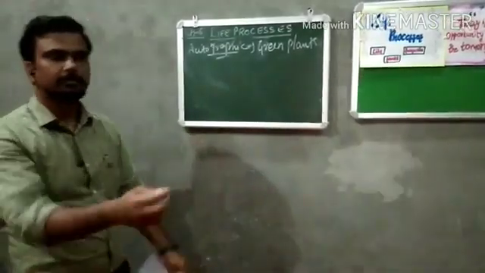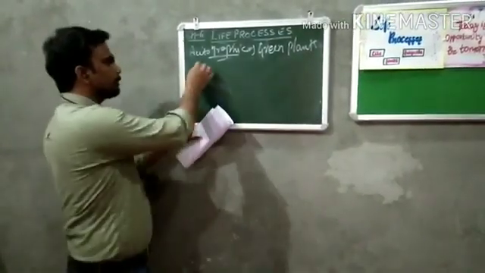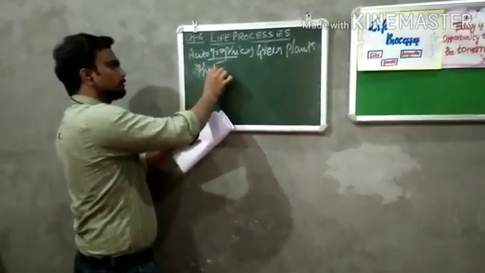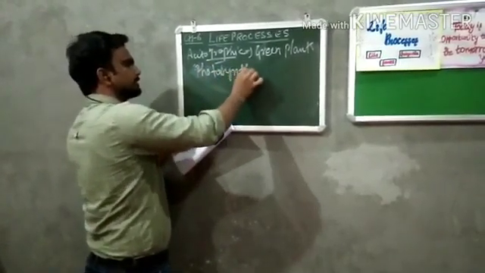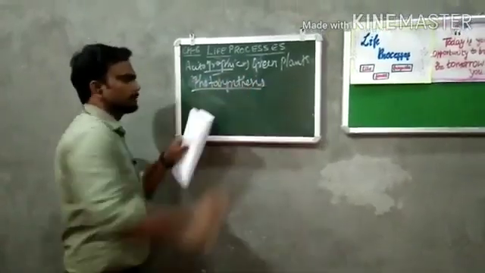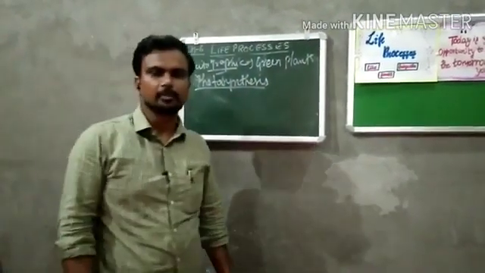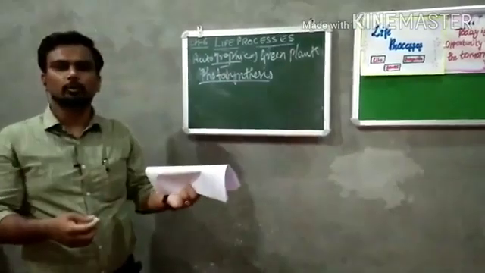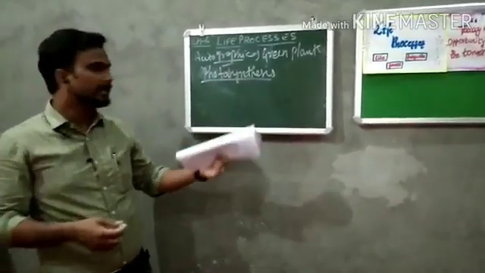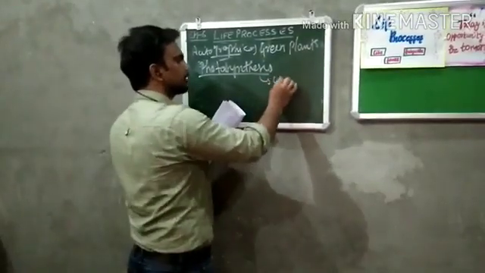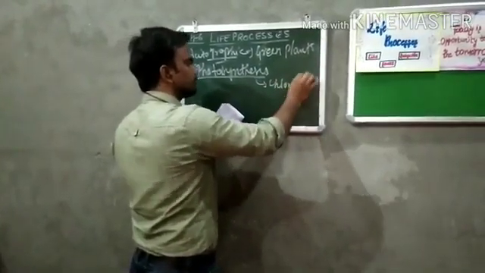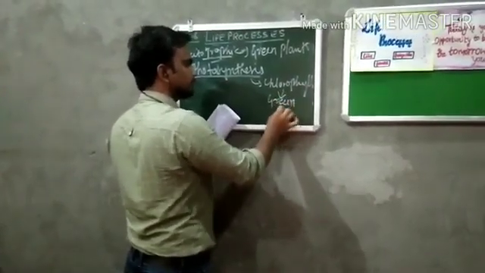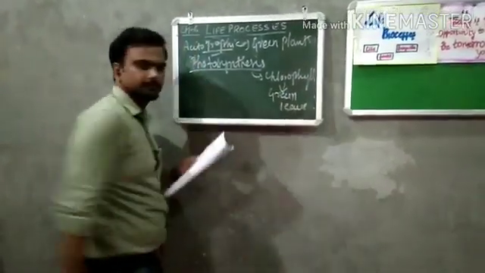How do green plants make their food on their own? By the process of, you all know, photosynthesis. Photosynthesis is a process by which green plants make their food in the presence of sunlight and a substance, chlorophyll, present in the green leaves of the plant.